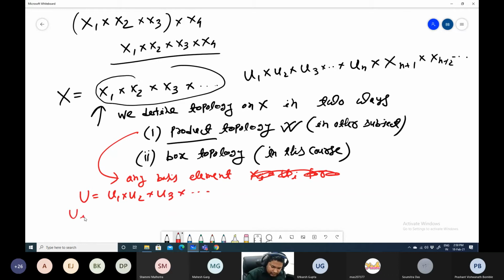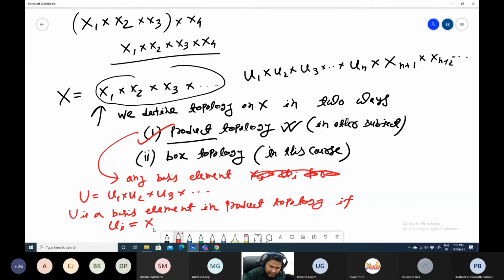Then U is a basis element in this product topology if Ui equals Xi for all except finitely many.